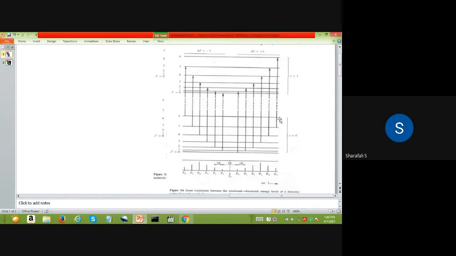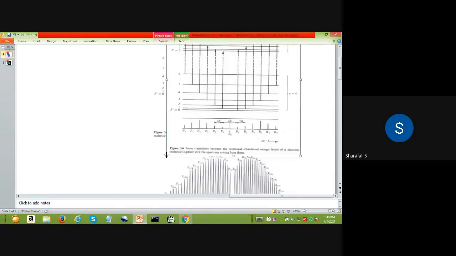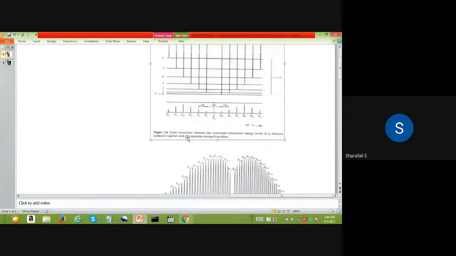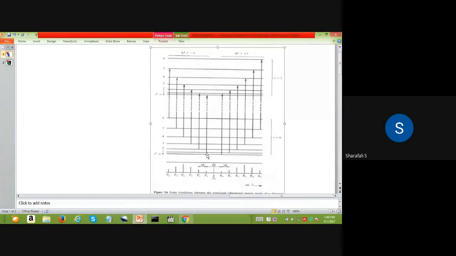If you consider this diagram, you can see that these are two scenarios: this is delta j equal to -1, and this is delta j equal to +1.